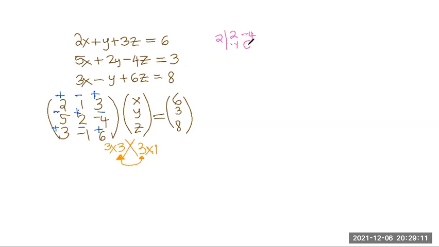Negative 1 into 5, negative 4. 3, 6, plus 3 back into negative 1. 5, 2, 3, negative 1. All right.